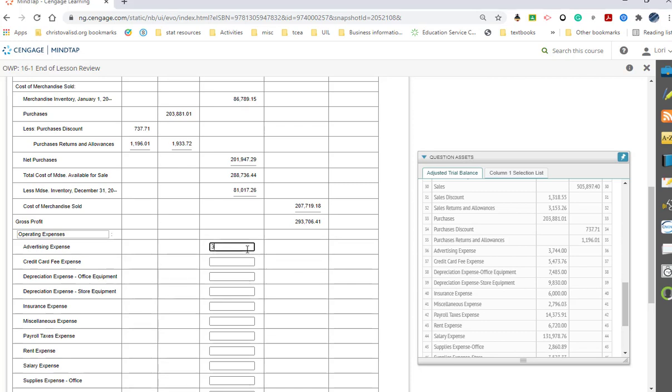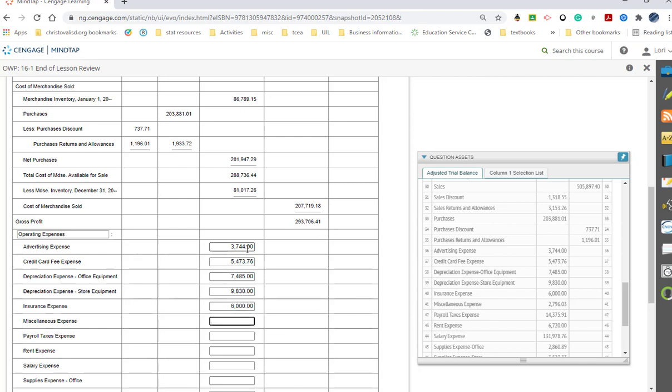So advertising expense was $3,744. Our credit card fee expense was $5,473 and 76 cents. Our depreciation for our office equipment was $7,485. Our depreciation for store equipment was $9,830. Our insurance expense was $6,000.